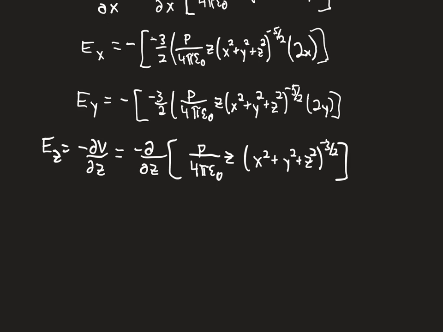I have to take the derivative of all of this. I do have a product now because I have a z in here and I have a z in here. So I have two different terms that I'm multiplying together and they both have z's in them. So I have to do the product rule.